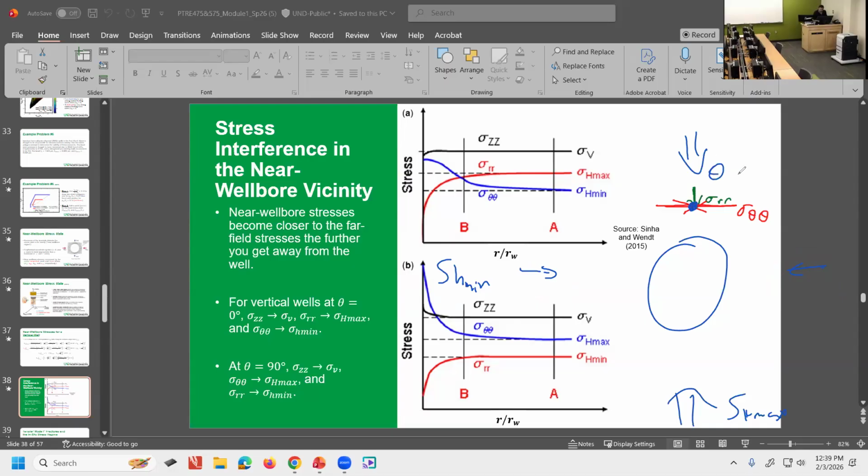And this is, remember, theta equals 0. Now at theta equals 90, if I come here far away from the wellbore, trying to find the stresses at this point, the radial is parallel to SH min, so it's SH min if you are far away enough from the wellbore.